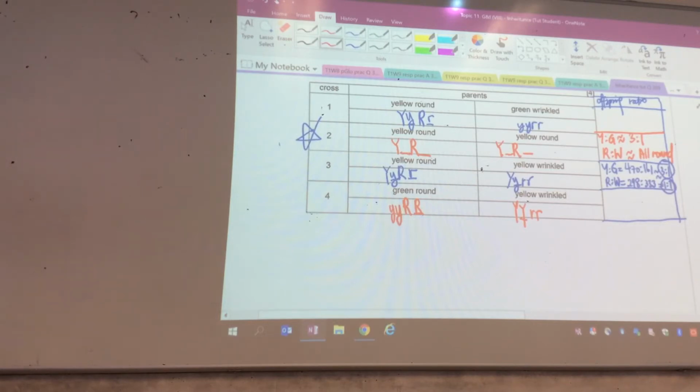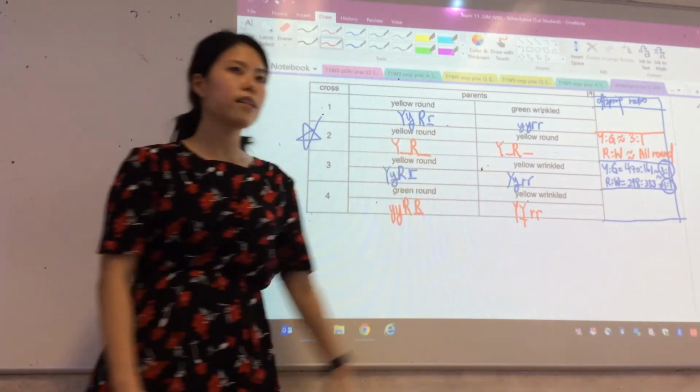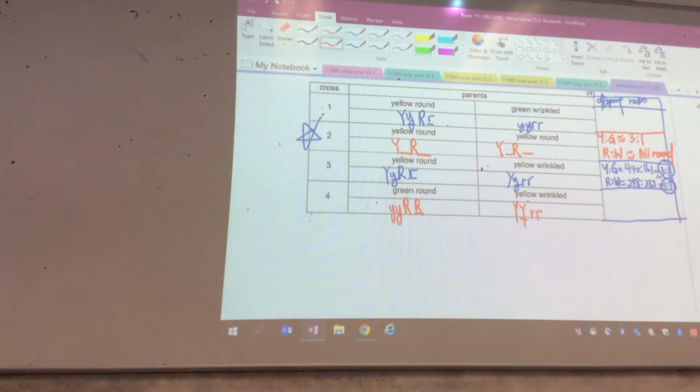So we talk about the first gene locus first, right? To give a ratio of 3:1 in the offspring, the parents have to be heterozygous at both gene loci, right? And how then do you get all round for the second gene locus? Both are heterozygous? No. It can be all big R, or one of them is heterozygous as well.